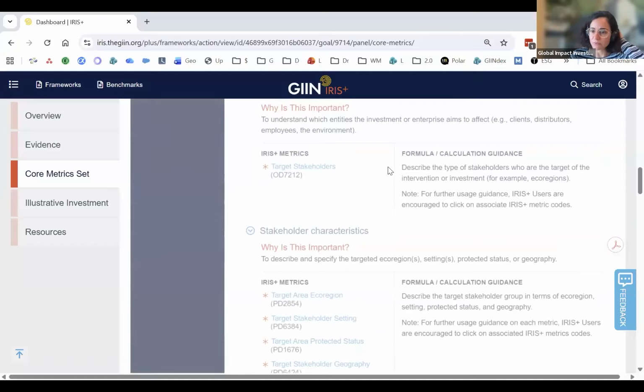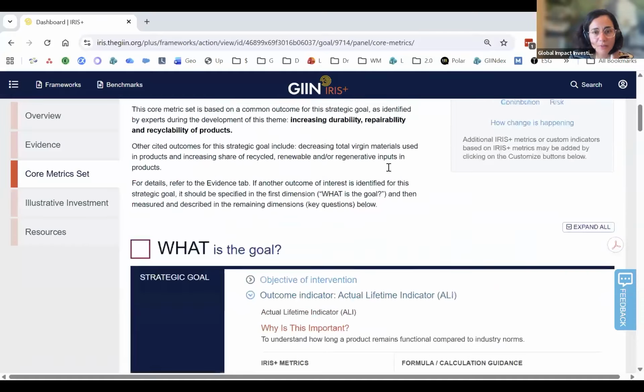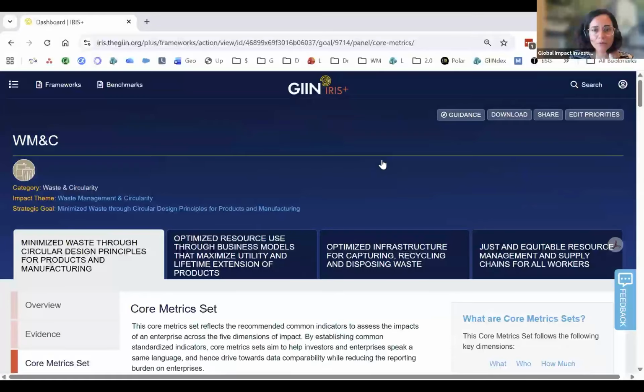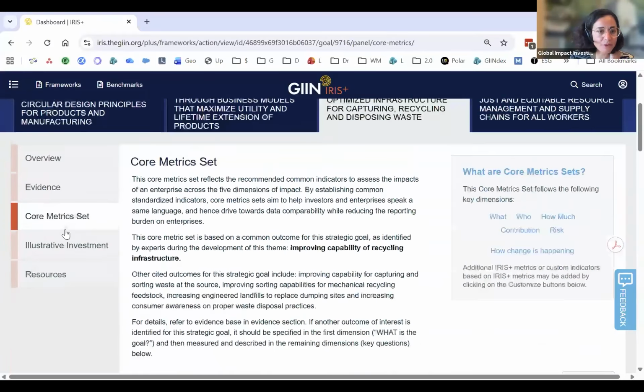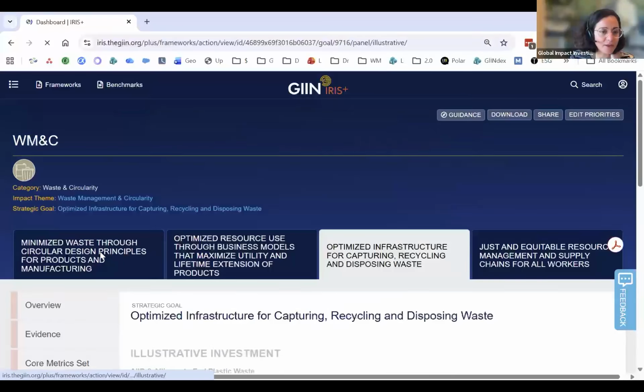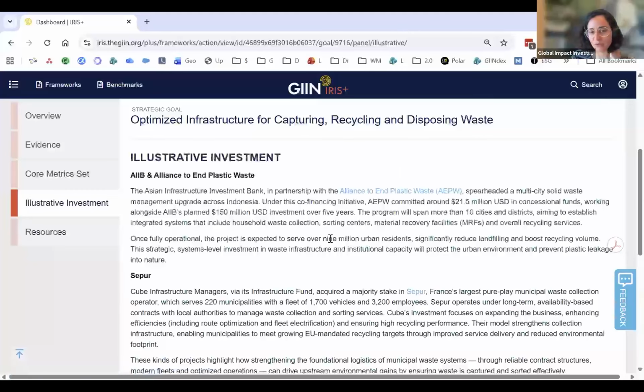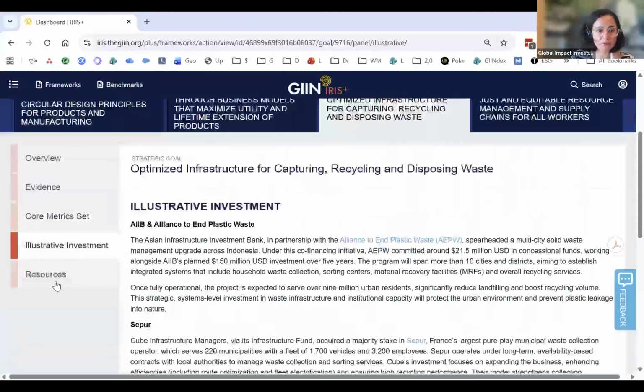And let's perhaps go back to the website to answer quickly some questions that may have arisen around that again. And just to exhibit the website, you would go to optimized infrastructure for capturing, recycling, and disposing waste. You're interested in the core metric set, and there are other illustrative investments we haven't covered, but this is a bit straightforward.